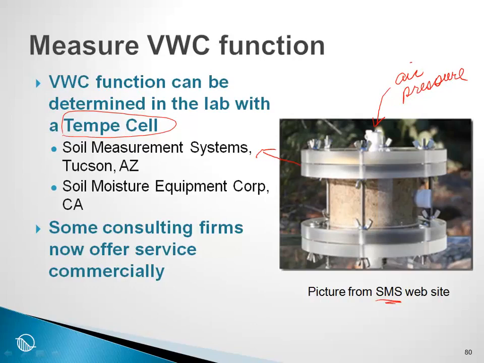And the air pressure comes to equilibrium with the suction, and as a result some water drains out of the sample, and the apparatus is continually weighed, and as a result it's possible to measure the volumetric water content function.